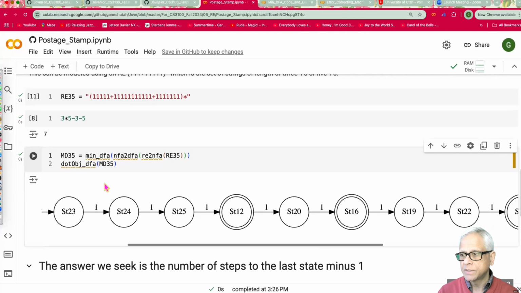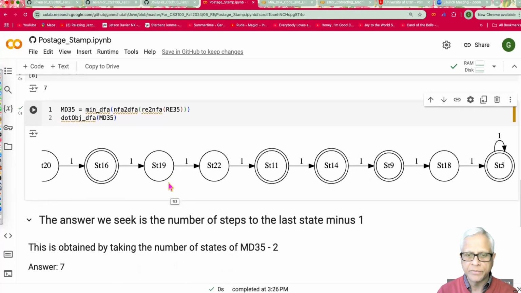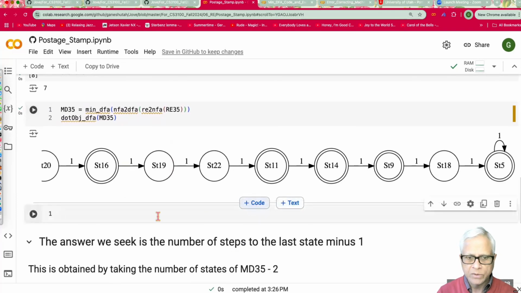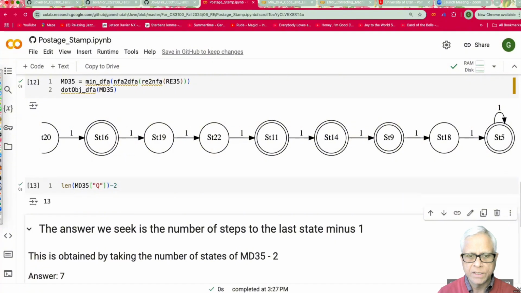At this point, it's pretty long, so we could count all the way. But there is a way to get the actual value of the stamps. It is the number of states minus 2. So if you take the length of the minimal DFA's set of states Q, minus 2, that is the count, 13.